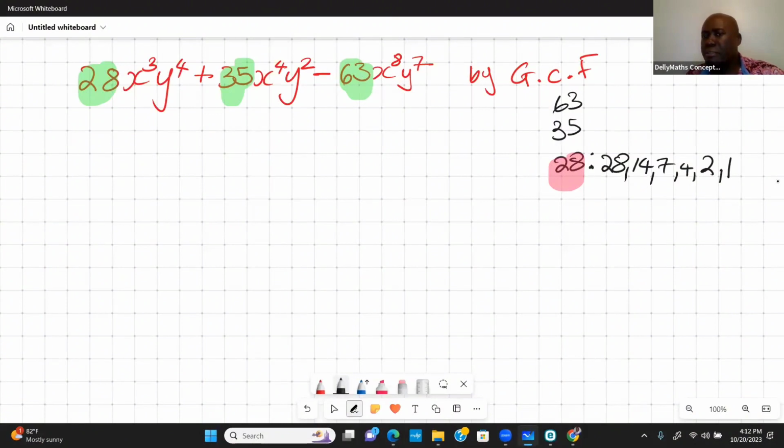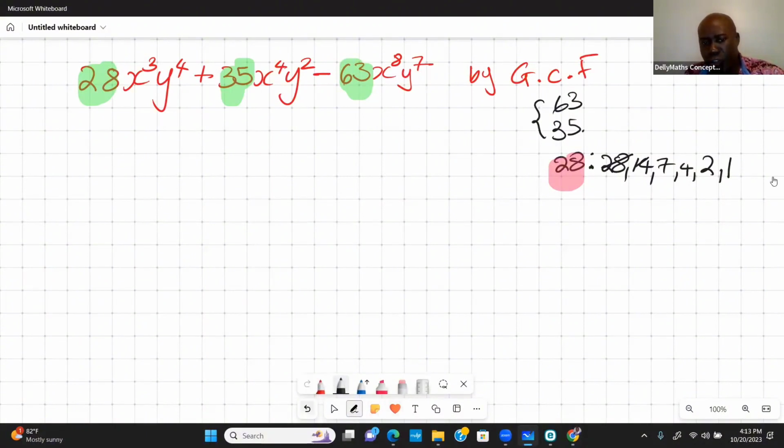Now let's focus on 28. Can 28 be divided into 35 or 63 without a remainder? If you check, you'll realize that no, we're going to get a decimal. So 28 cannot evenly divide into these numbers. So we go to 14. Can 14 evenly divide into those numbers? No, it can't either.